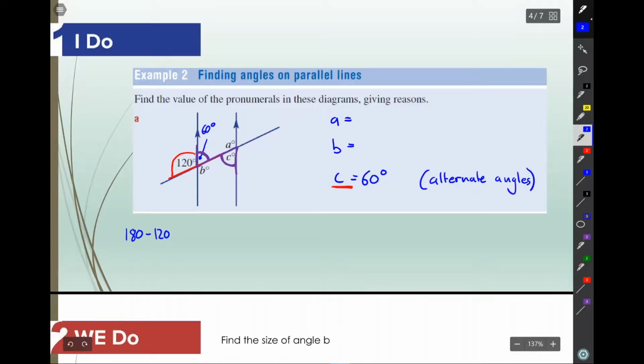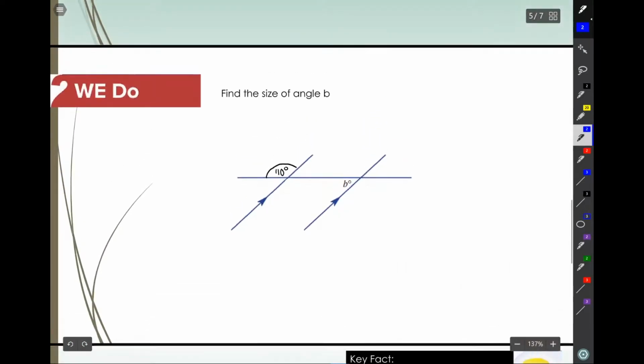Let's try another example together. Again, in this case, we have no way to relate angle B to the angle we're given. So we're going to reach into our toolkit and we're going to find out what we can from what we have. We know that we can relate angle B to this angle here. I'm going to call it angle A. And we know that the angle we're given and angle A are related as they form a straight line.